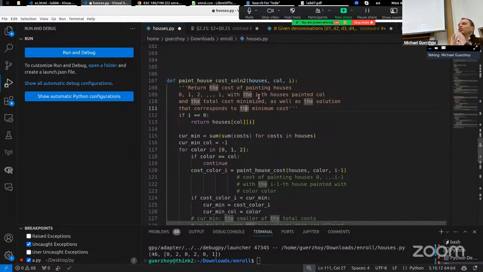In addition to returning just the cost, I also want to return the solution. So I'll return a tuple, two things: the cost and the solution. Well, it says in gray, but why is the solution here COL?